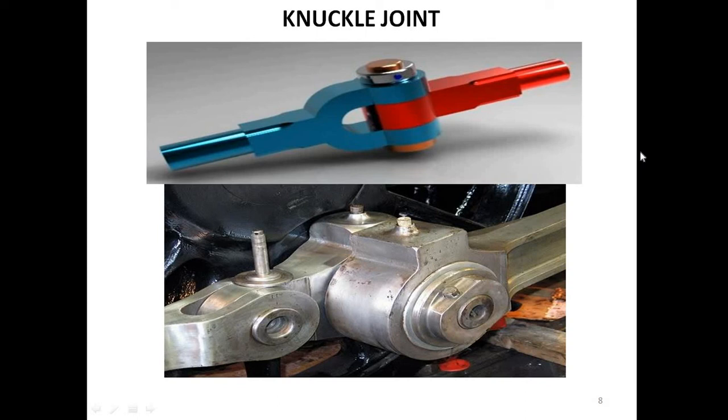Once they are manufactured, they come for assembly. In the bottom diagram, the assembly of the knuckle joint is shown, in which the eye and fork are joined and the knuckle pin is inserted to form the assembly.